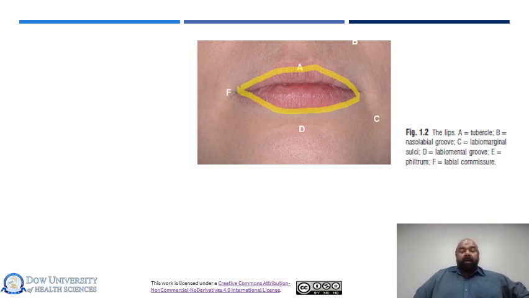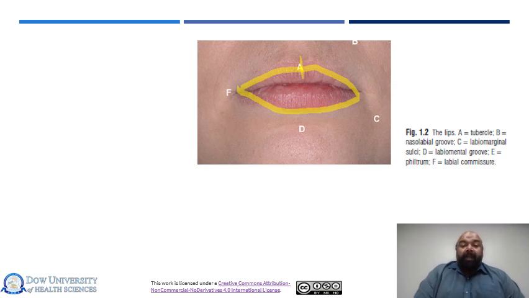Secondly, in the upper lip, there is a protruded portion which is known as the tubercle. And just beneath the tubercle, there's a pinpoint depression in the lower lip. Now, there are certain grooves present near the lips on the face, and we will be looking at the terminologies of it.